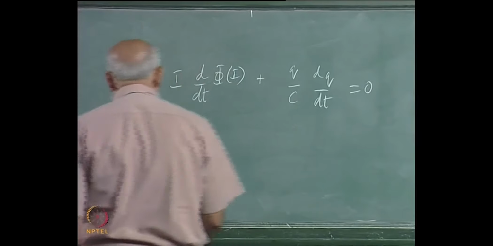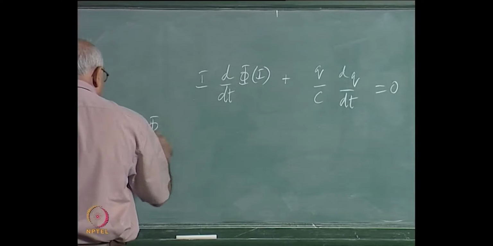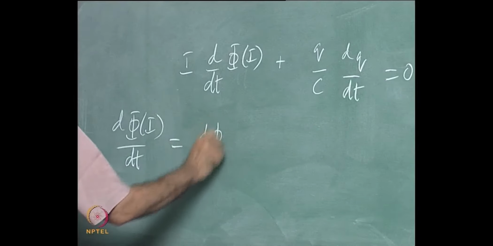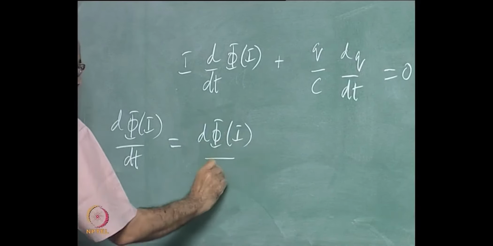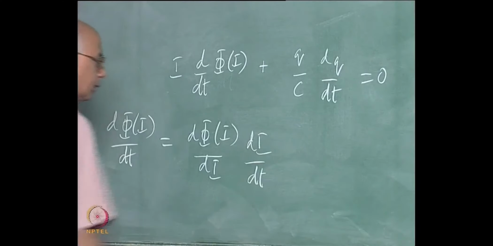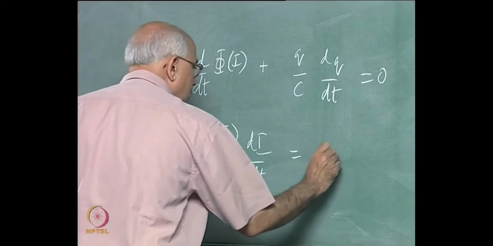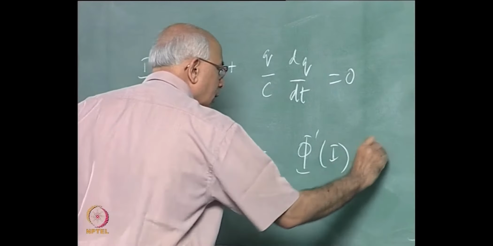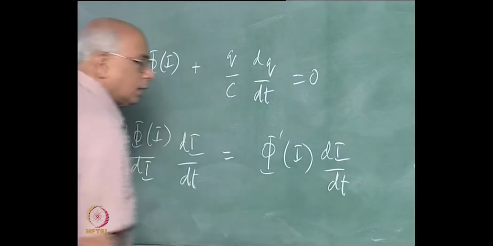Yes, indeed. So all you have to write is d phi of I over dt equal to d phi of I over dI times dI over dt, and this is equal to phi prime of I dI over dt.